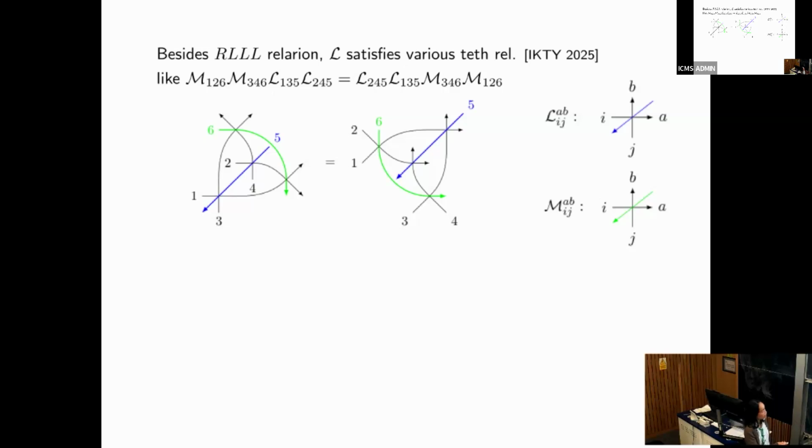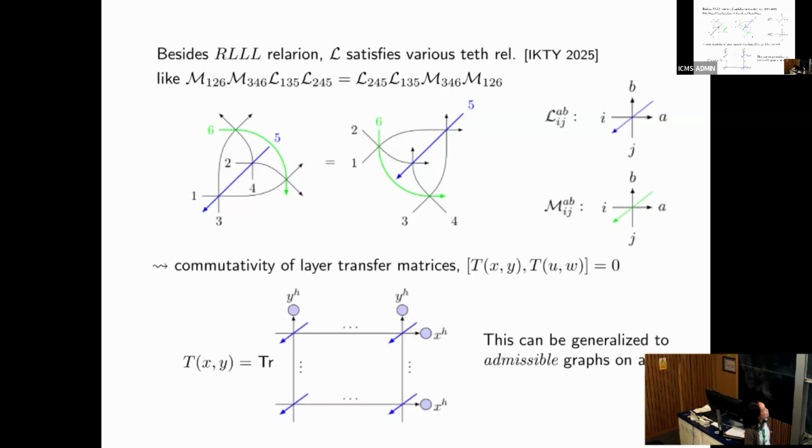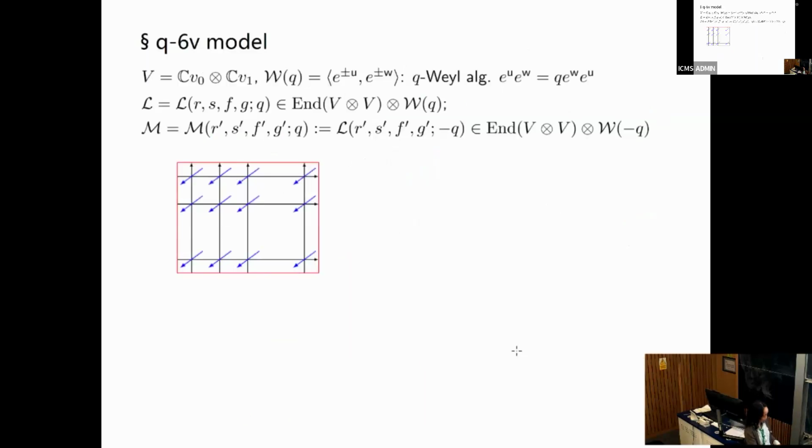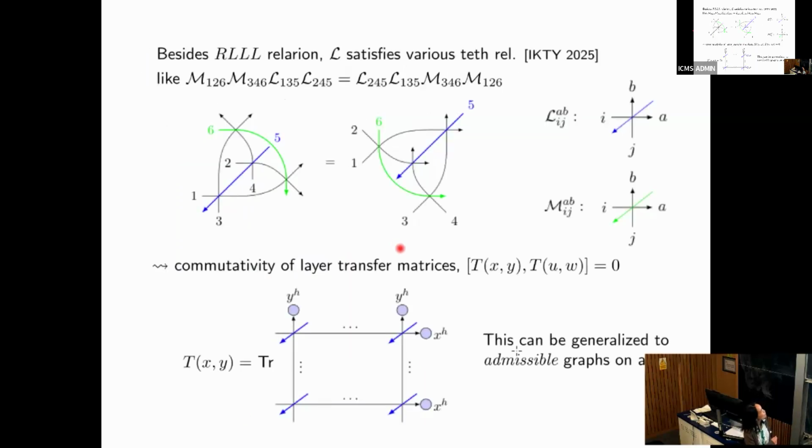Then, if we define this kind of monodromy matrix, a layer monodromy matrix, by putting the green arrow here and moving it down and left, two layers may be interchanged. So this is what we expect.